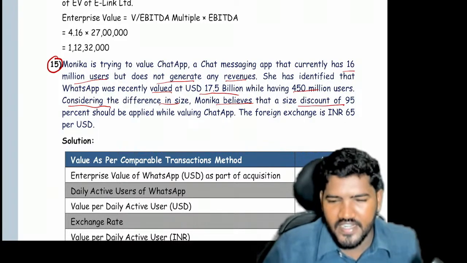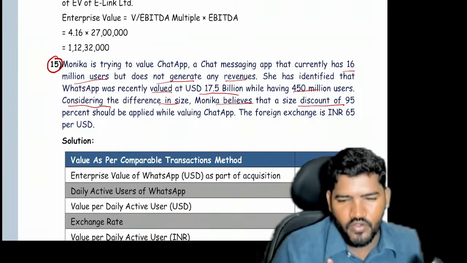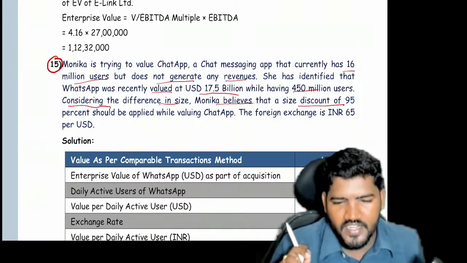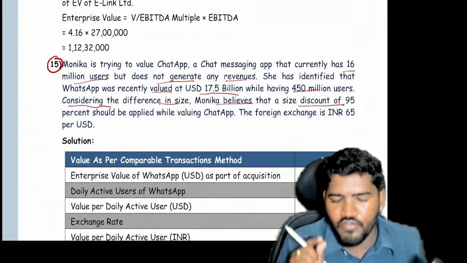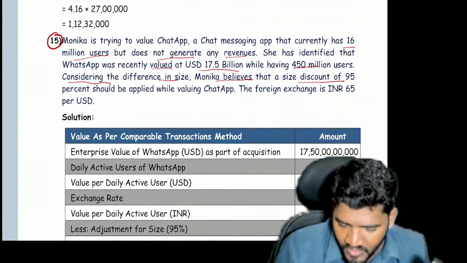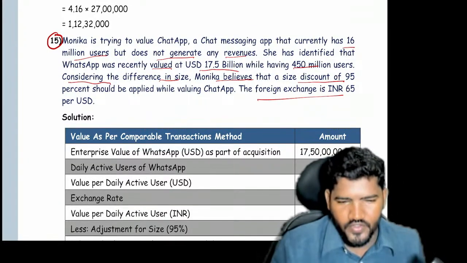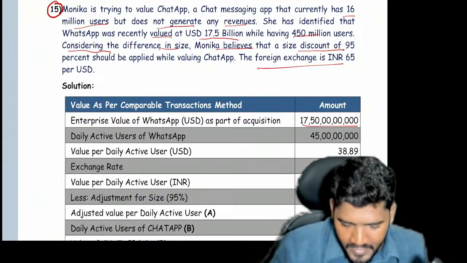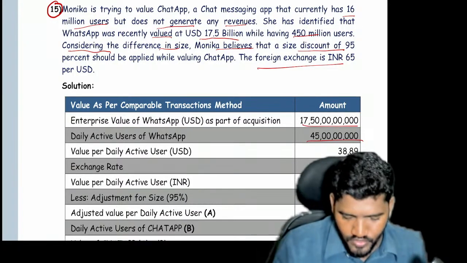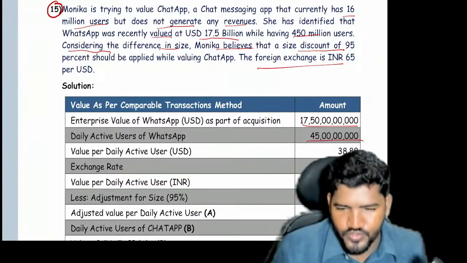The size discount is 95%, which means we are equivalent to only 5%. Out of 100%, we are similar in nature to only 5%. The foreign exchange rate is 65 per USD. First, calculate the value per user. Enterprise value 17.5 billion divided by number of users, you will get the value per active user.